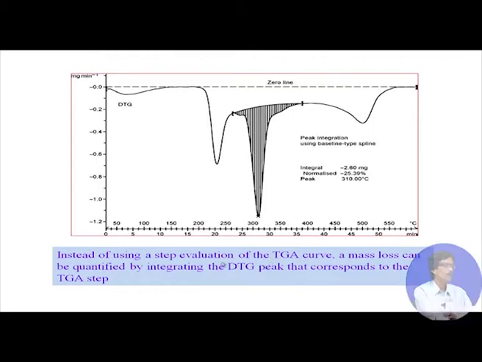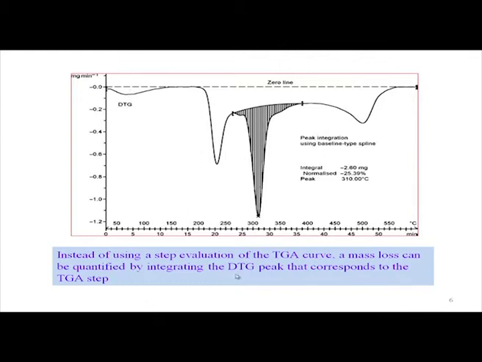Instead of using the step evaluation of the TGA curve, because we know that the TGA curve can have different steps, a mass loss can be quantified, because we are looking for the actual amount of mass loss taking place, from your derivative plot.